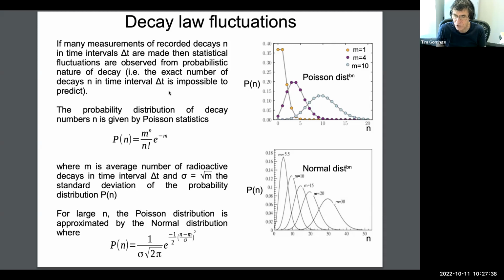If you imagine doing that, and you imagine repeating that experiment many, many times, what you observe is that the number of decays in that time interval fluctuate. There are statistical fluctuations in the number of decays. And that's again because of the indeterministic nature, the probabilistic nature of the laws of quantum mechanics, the laws of quantum physics.